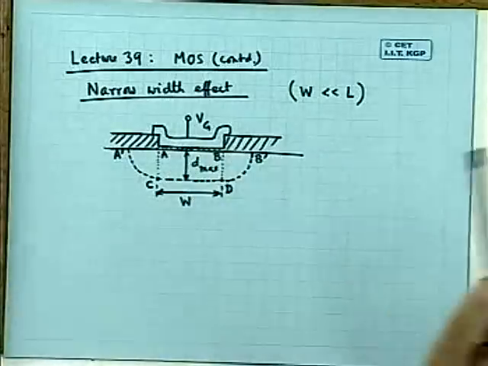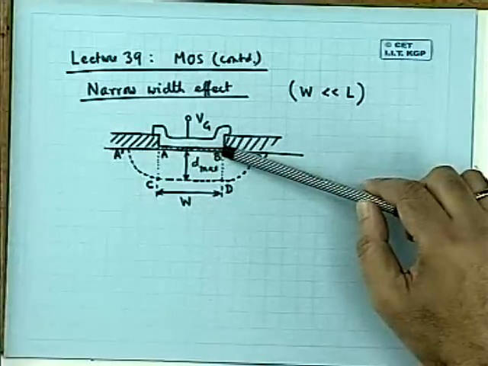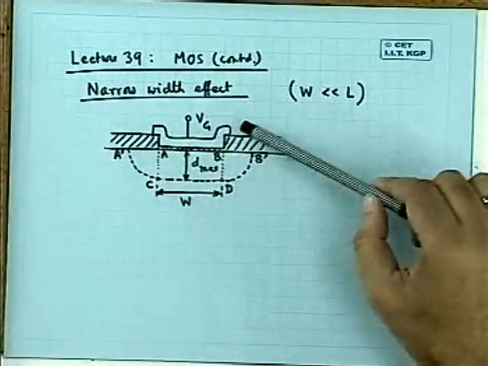Is that inversion layer confined over the gate only, or will it be everywhere? Because you are doing the oxidation everywhere. Only over the gate region the oxide thickness is very small, and the remaining region is thick oxide called field oxide. Am I correct?